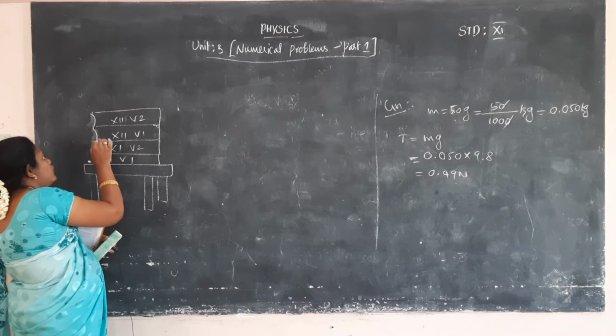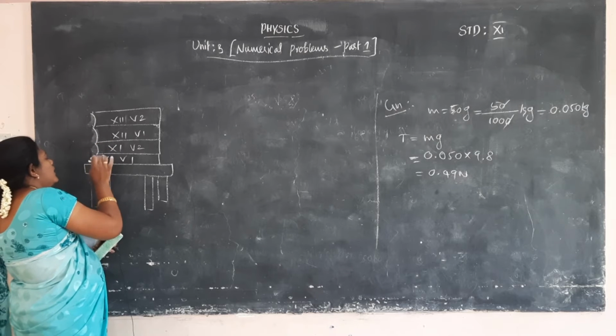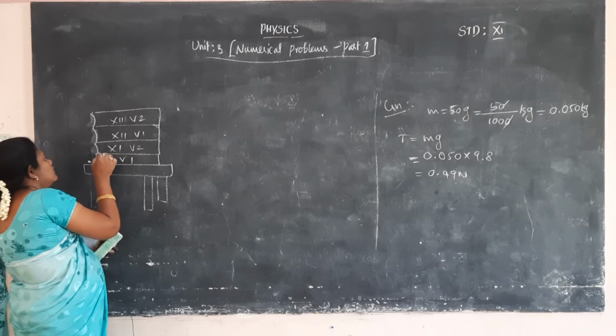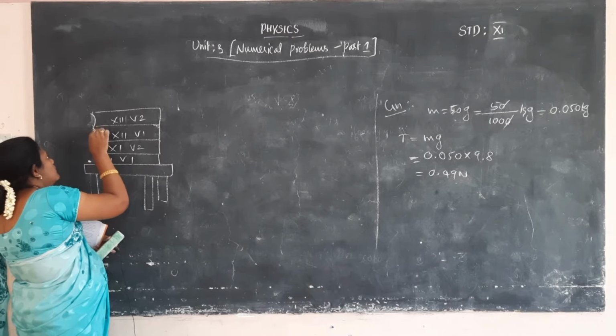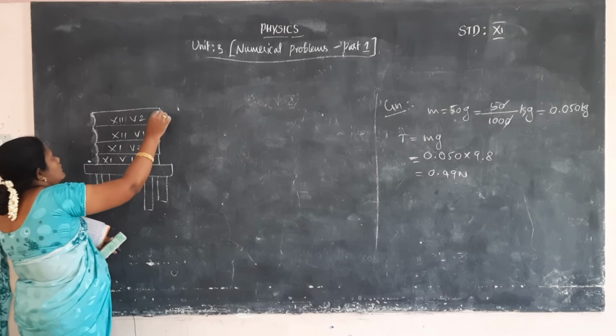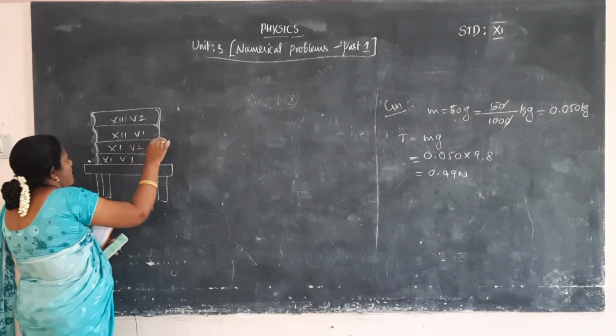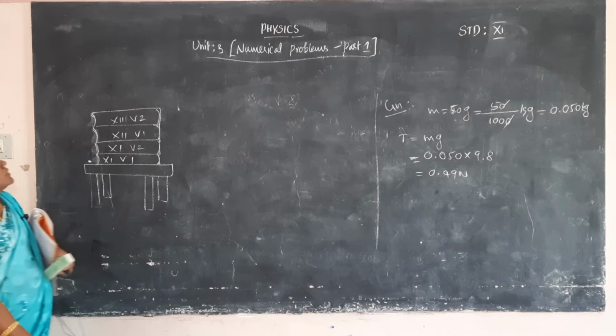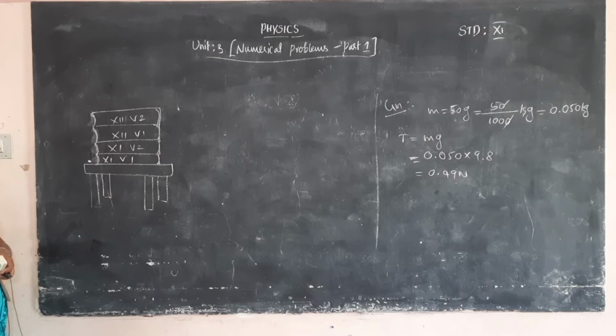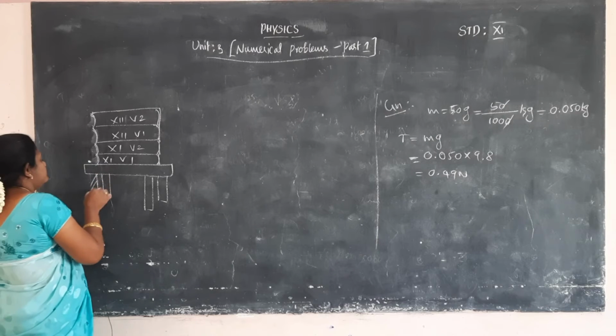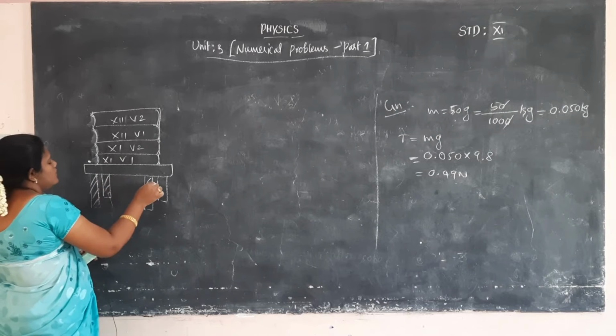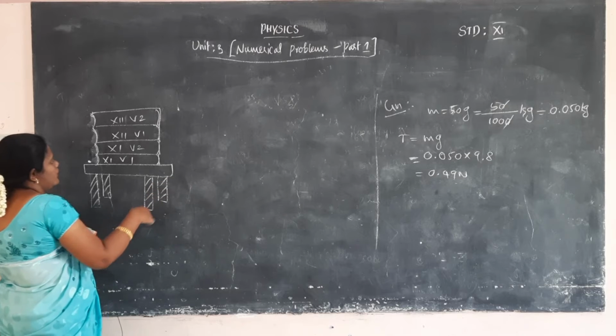We keep the 4 books one above another. Clear? So the 4 books are arranged one on top of the other on the table. What are the forces that will be acting on each book?